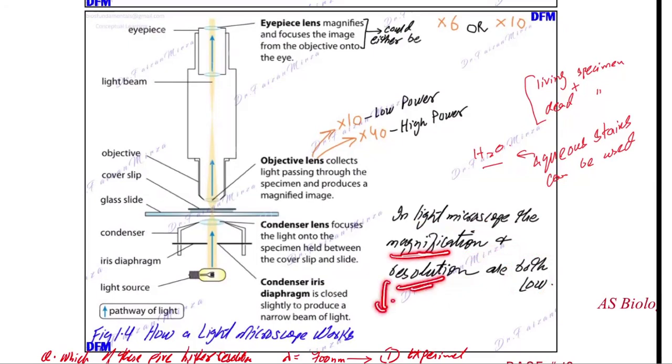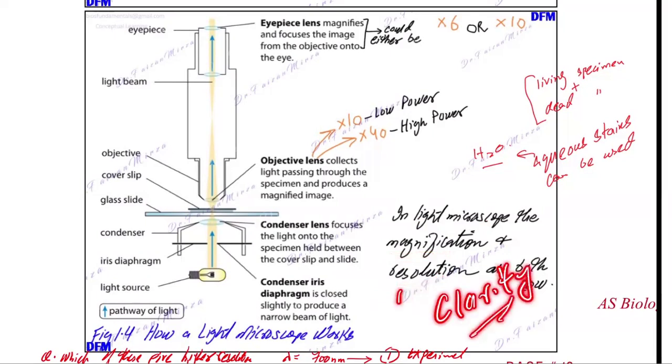Resolution means how much quality there is in the image, how many details you can see in the image, how good it is. In terms of quality, we do not use the term clarity for resolution. This term should be avoided.